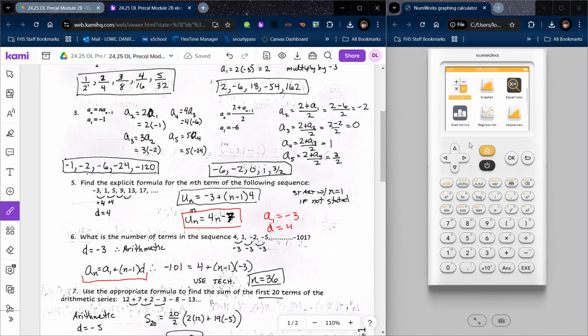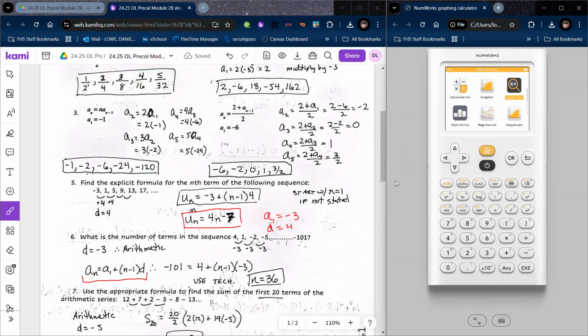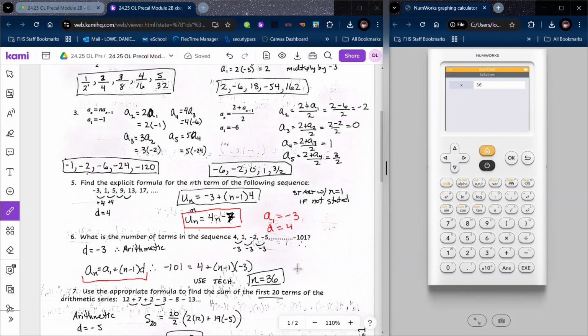We have an equation that we can solve, so I can come to my equation solver on my NumWorks, and I have negative 101 equals 4 plus parentheses, my counter minus 1, close parentheses, times negative 3. If I go to solve that equation, I see that n is equal to 36.